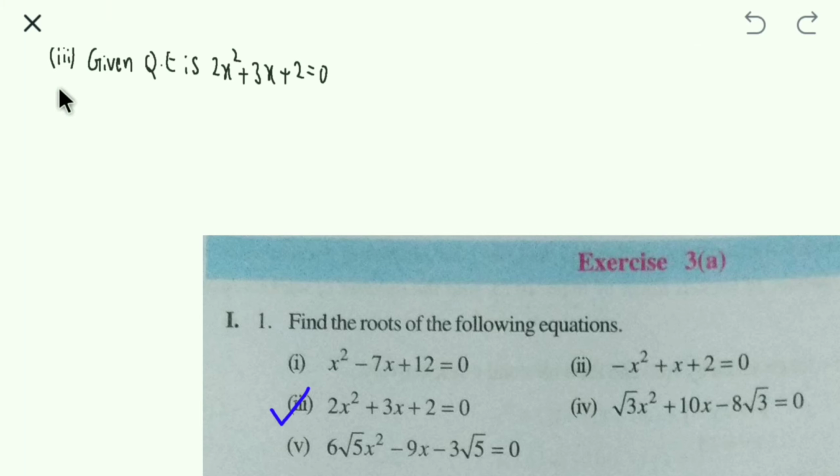So compare with ax square plus bx plus c equals to 0. Here a equal to 2, b equal to 3, c equal to 2.